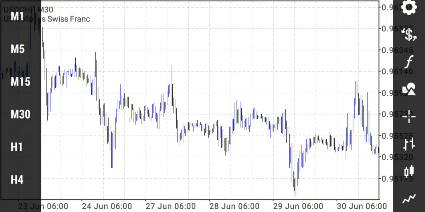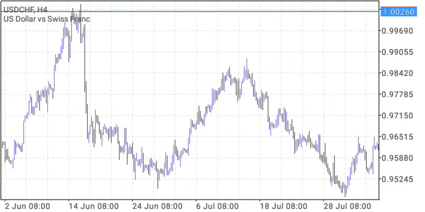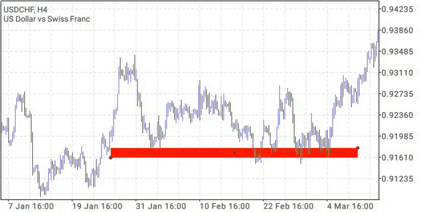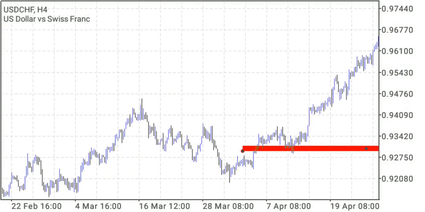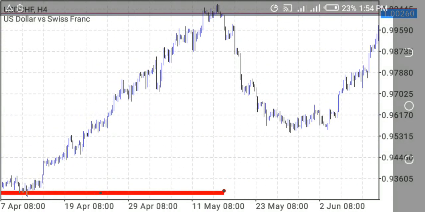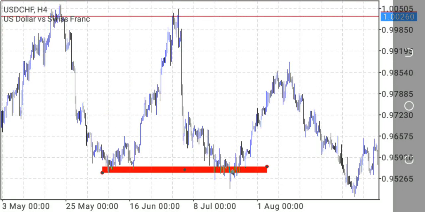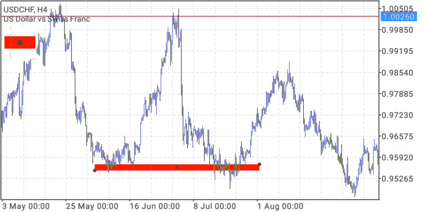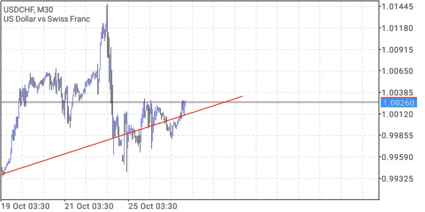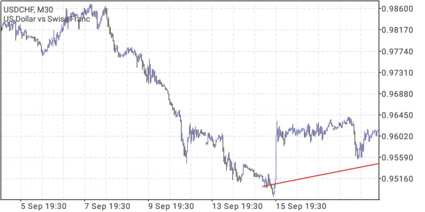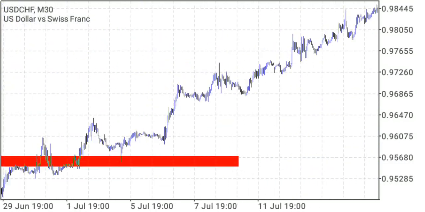Let me take this a little bit up. As you can see here, we can see a double bottom. So waiting for price to get to that key level. Let's go down, and see what we'll be seeing in the 30 minutes.